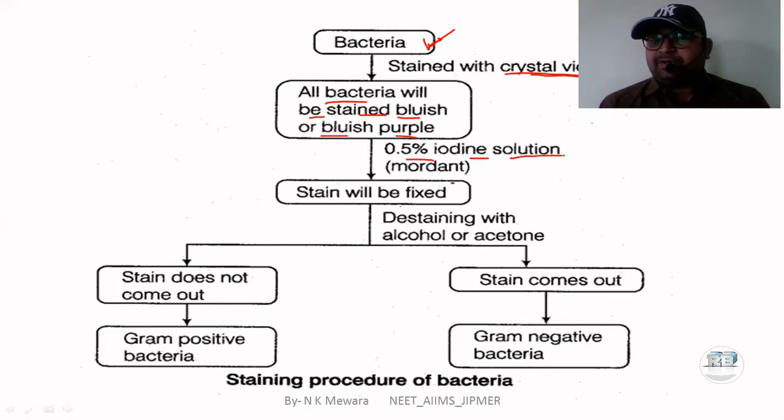Then the bacteria are passed through 0.5% iodine solution, which acts as a mordant. After passing this solution, the stain is fixed. The fixed stained bacteria are then passed through alcohol or acetone, and two things can be found.